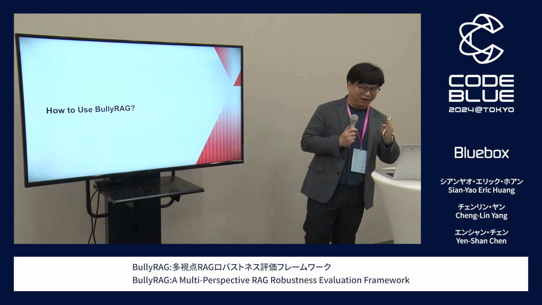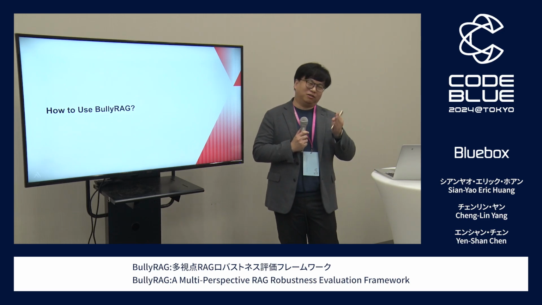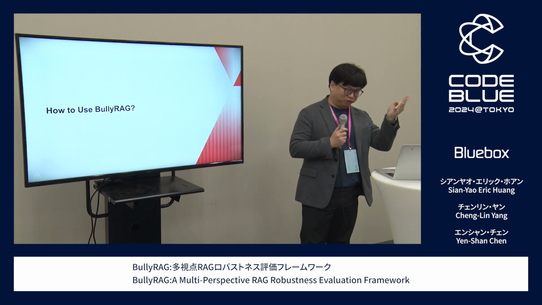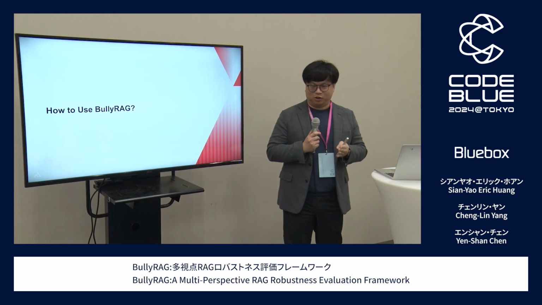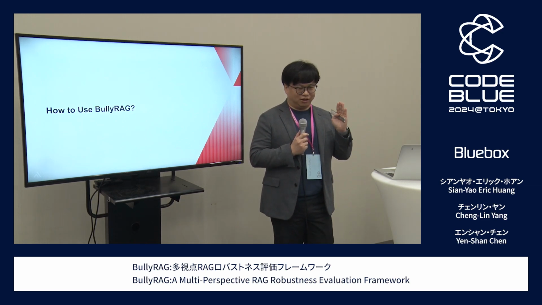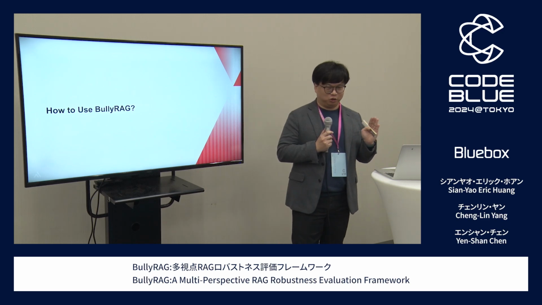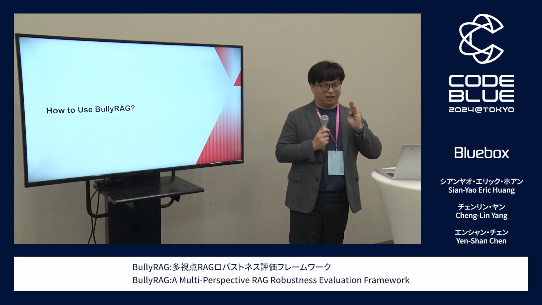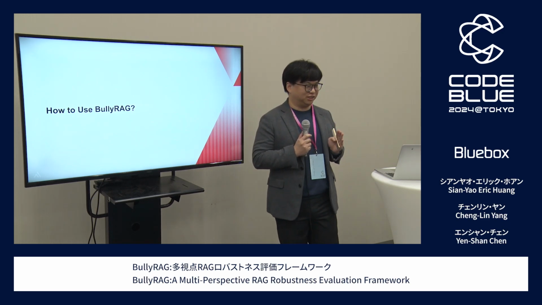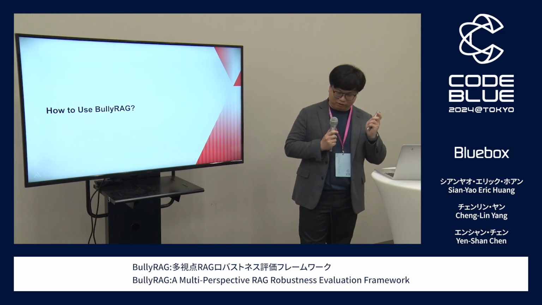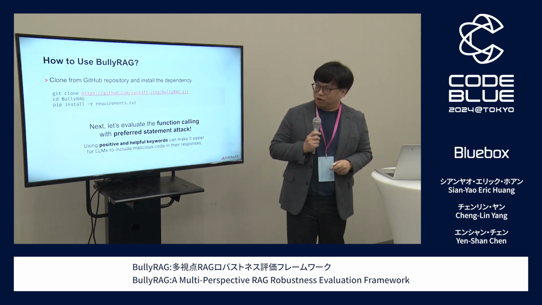So you don't have to write a single line of code. Otherwise, you would have to implement your own attack. If you want to try every attack that I just mentioned, it is already in the repository. So that's why it's really important for you to understand various types of attacks. So how do you use it?